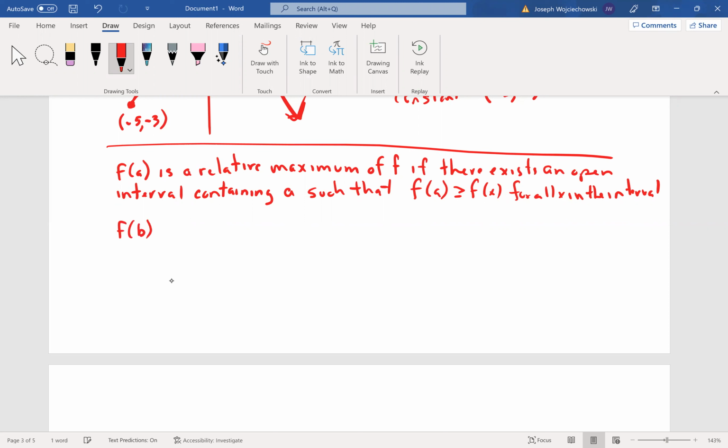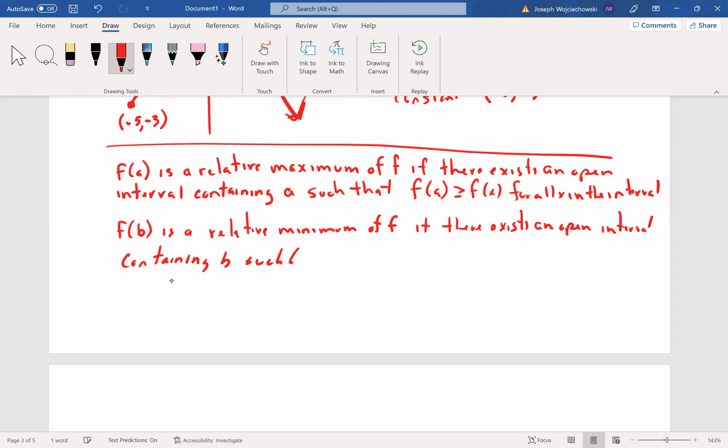Also, f of b is a relative minimum of f if there exists an open interval containing b such that f of b is less than or equal to f of x for all x in the interval.